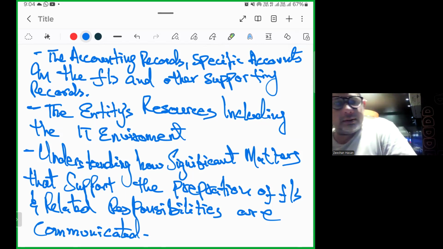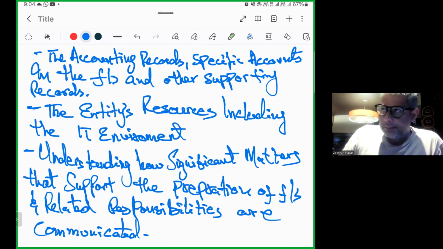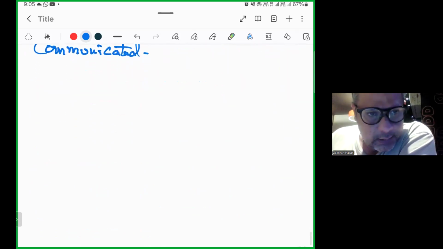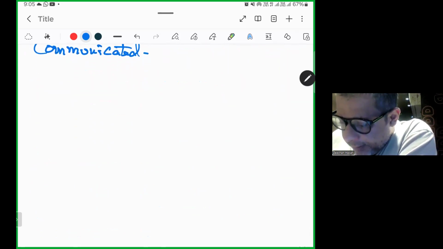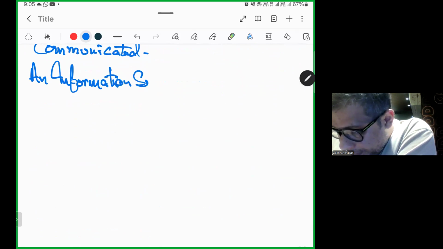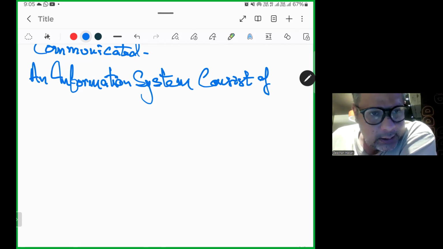Now, the question is what's included in an information system? An information system consists of what?